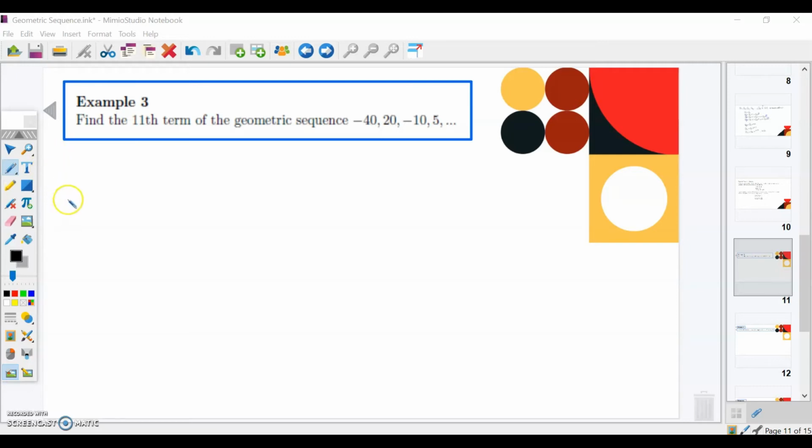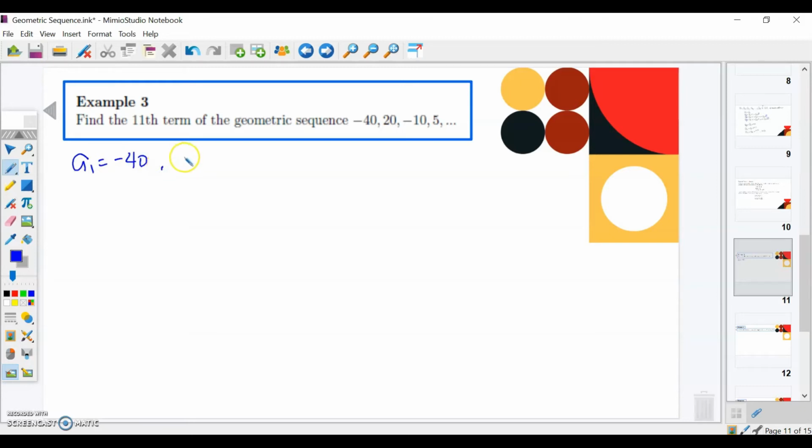In example number 3, find the 11th term of a geometric sequence: negative 40, 20, negative 10, 5, and so on. We need to get all the givens that we're going to use. From the sequence, we are given a sub 1, which is equal to negative 40.